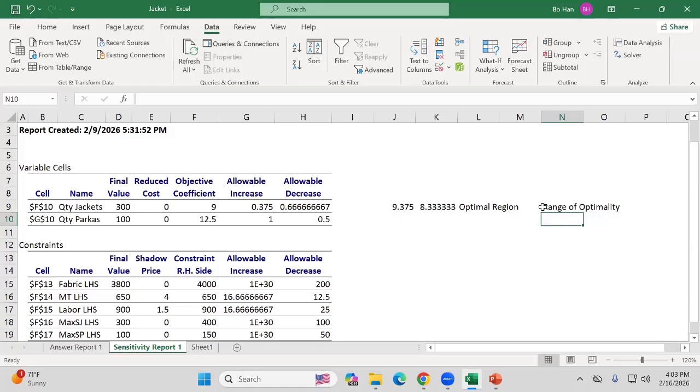You can change the profit according to the new profit you get. This just means the decision variable values do not need to be changed. But when you calculate the final total, you will use the new coefficient, 9.375, to multiply 300. So your total profit will change. Right? All good? Okay.